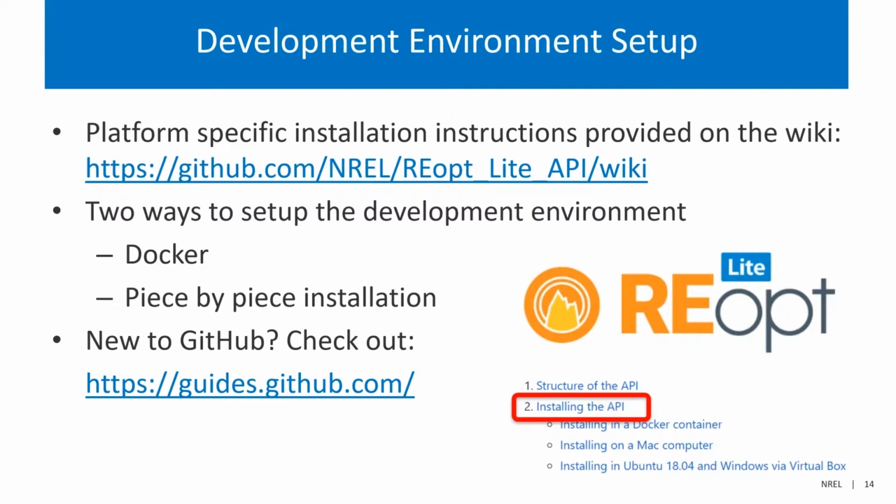The piece by piece installation is downloading and installing different pieces manually with the help of the guides provided on the wiki. Another thing to note is we have different sets of instructions for Mac as well as Ubuntu and Windows users. So depending on your preference, you can go via the Docker route or piece by piece installation.